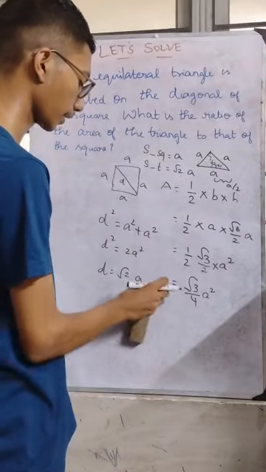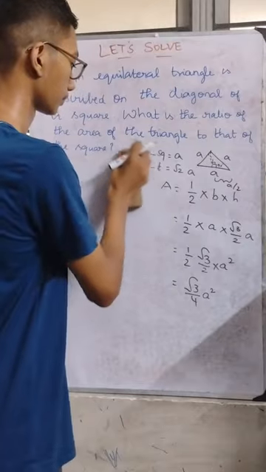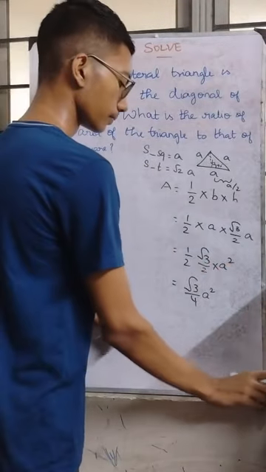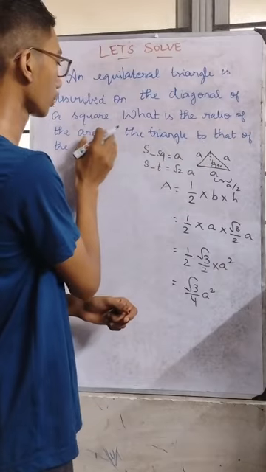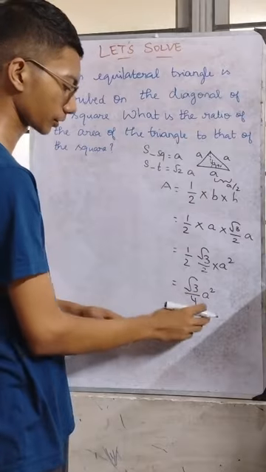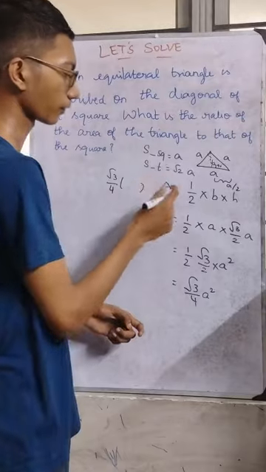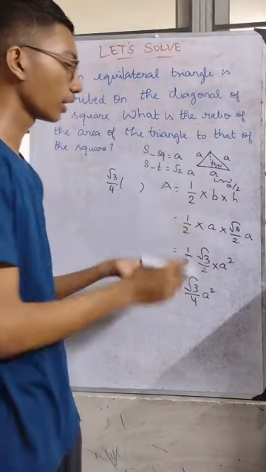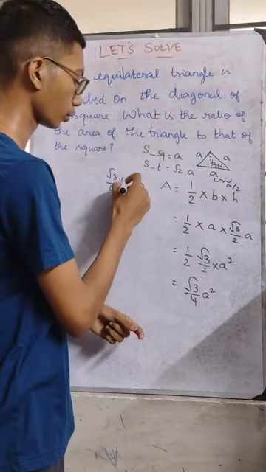So we just need to find the ratio between their areas. First the area of the triangle is needed. The area of the triangle is root 3 by 4 a square. Instead of a, the length of the triangle is the diagonal of the square, which is root 2 a.